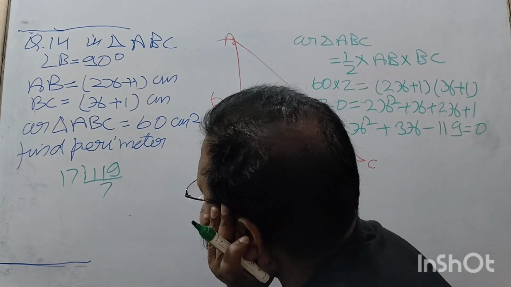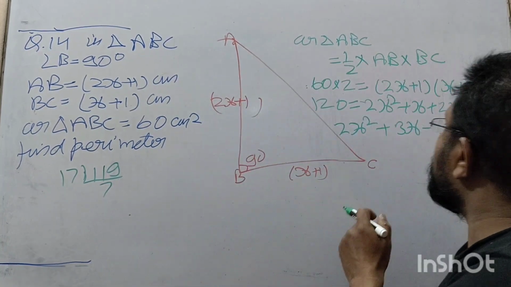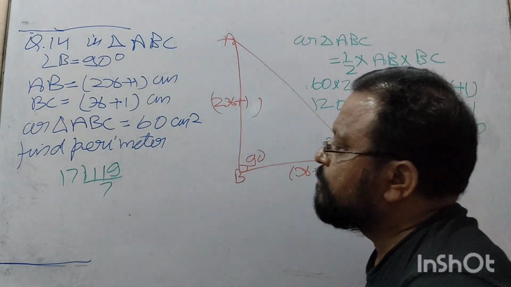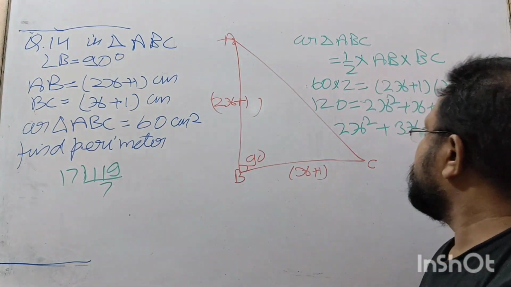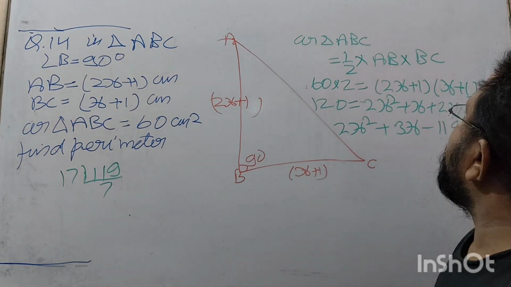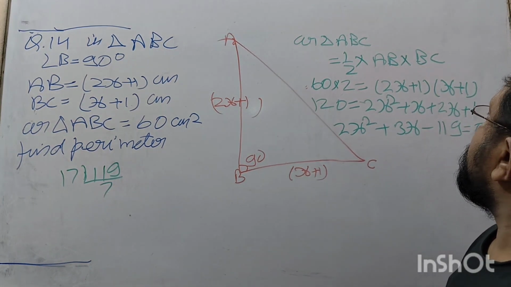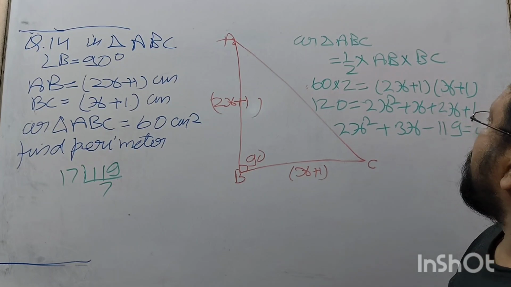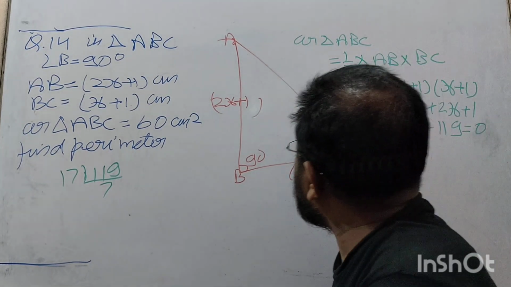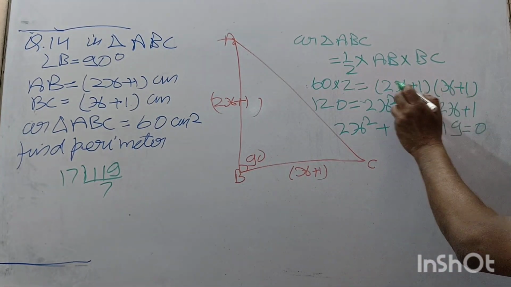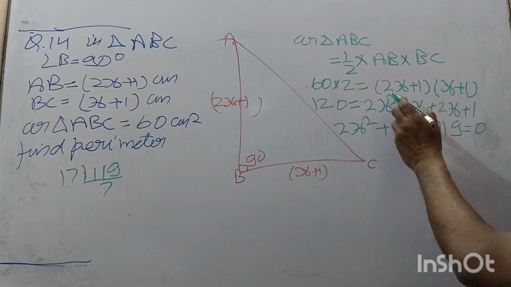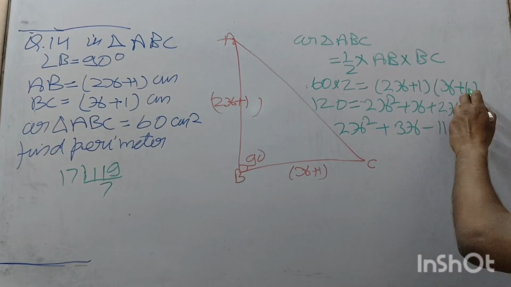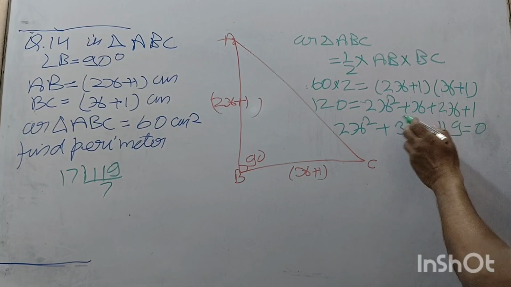No, we have to factorize this. This we are getting correct. Here we have 2x square, x, 2x plus 1.